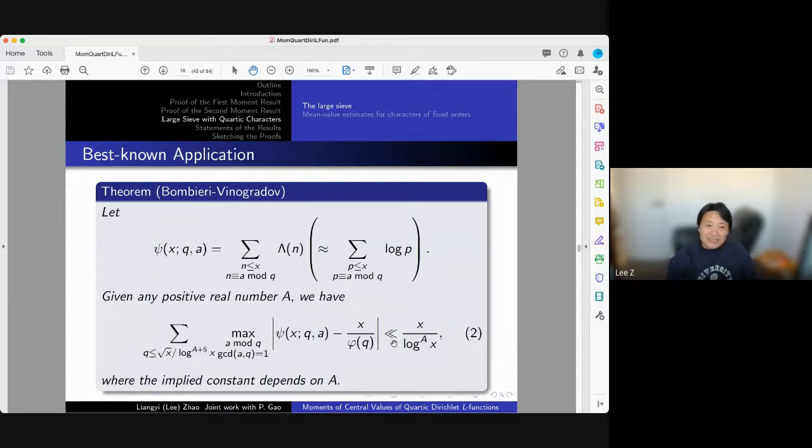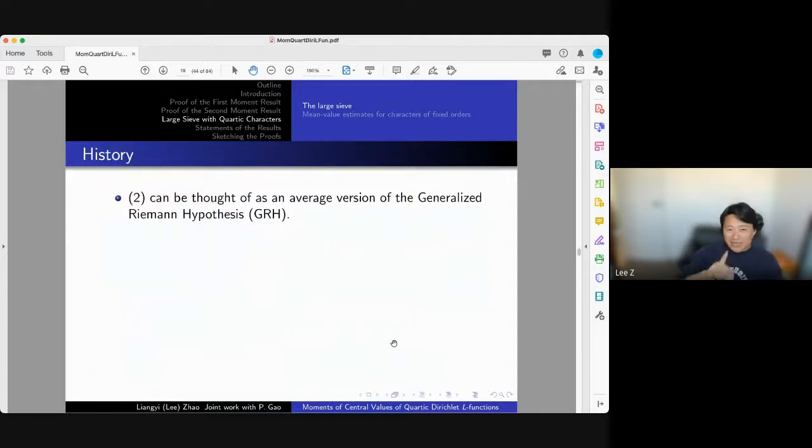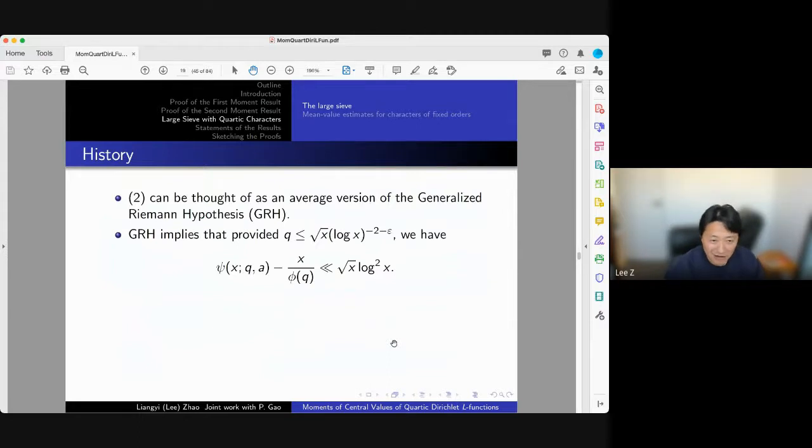And in fact, this theorem is an important ingredient in Maynard's proof of bounded gaps between primes, right? Even that result is 8 years old now, I think. So this can be thought of as an average version of the generalized Riemann hypothesis, because GRH says that this error term is bounded above by essentially square root of x.